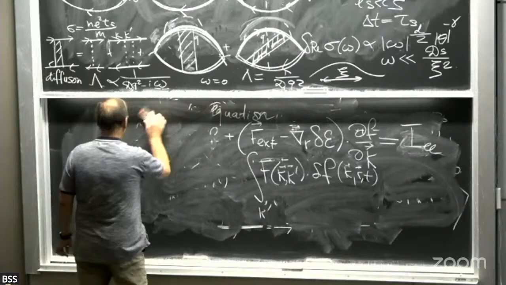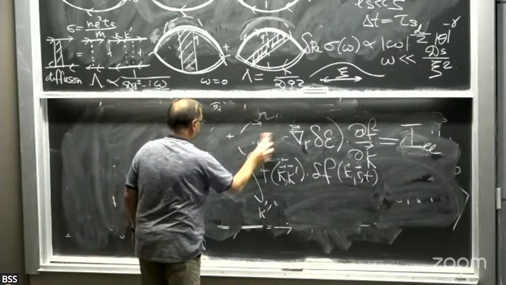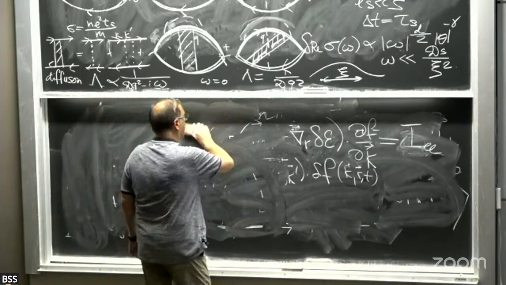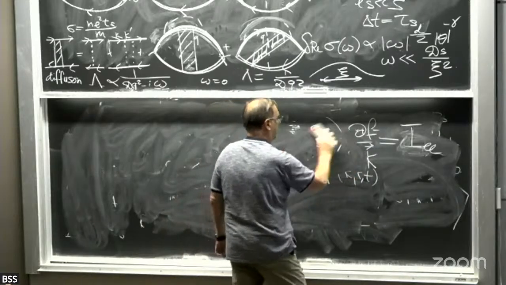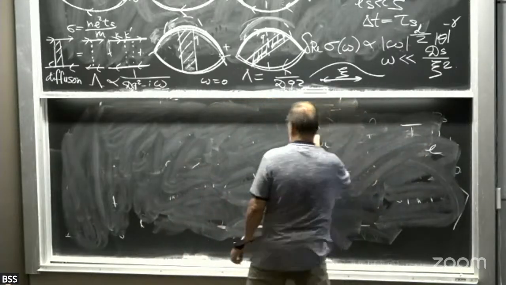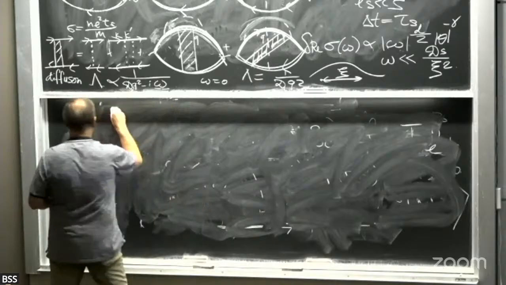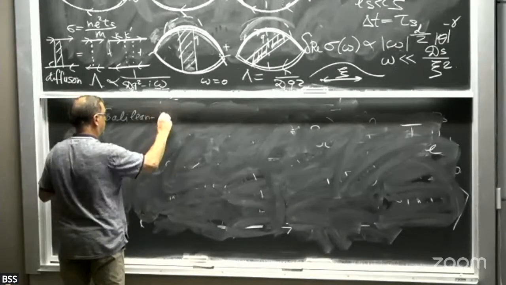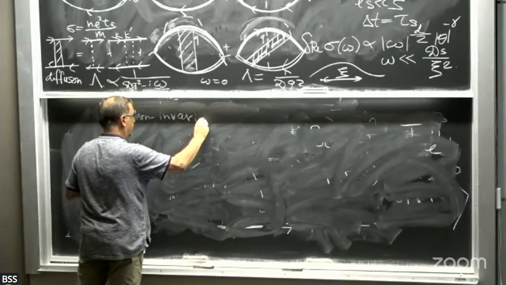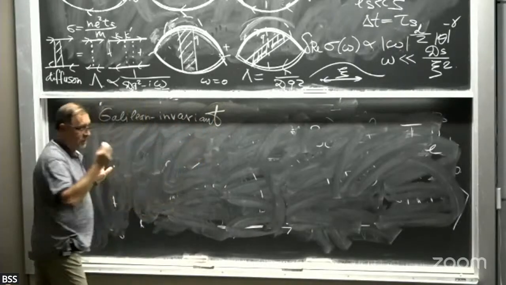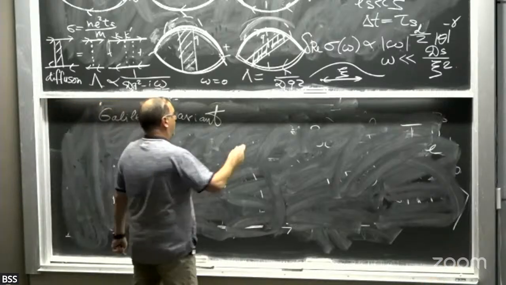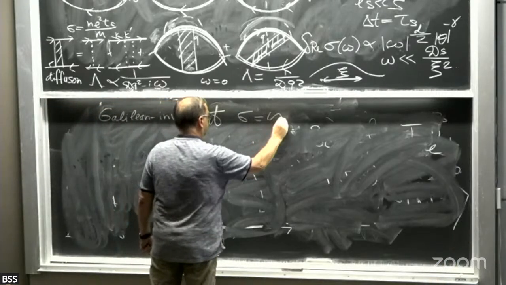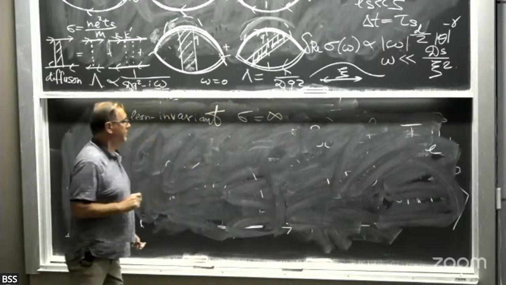Well, there is certainly one very general and simple statement: if a Fermi liquid is Galilean invariant and it's charged, its conductivity is infinite.